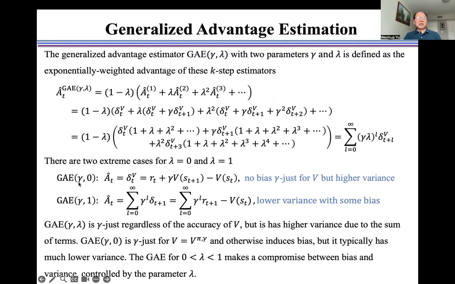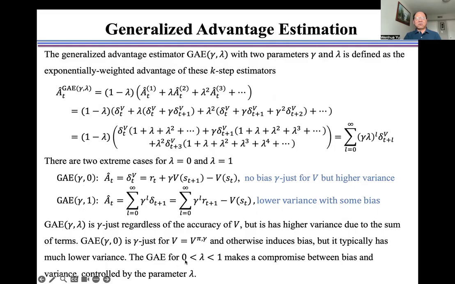GAE(gamma, 0) has no bias and is gamma-just for V, but has a higher variance. GAE(gamma, 1) has a lower variance, but with some bias.